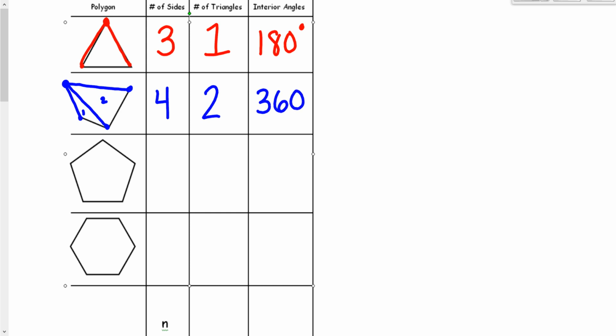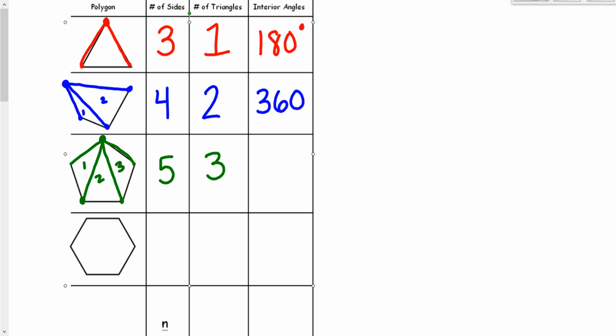So now I go to my five-sided shape, which is a pentagon. So this connects here, I have one diagonal here, and one diagonal here. So that formed three triangles. And now what is the sum of the interior angles of a pentagon? Well, now we should be noticing a pattern.